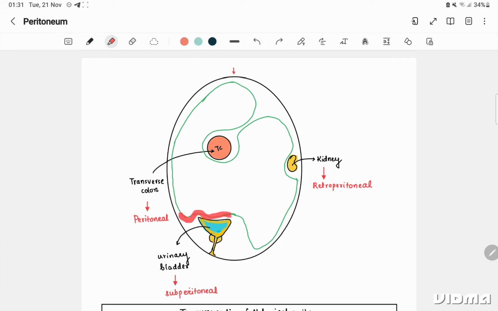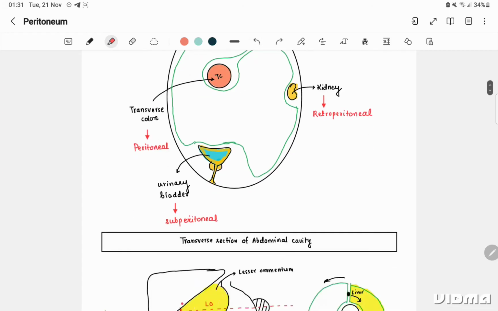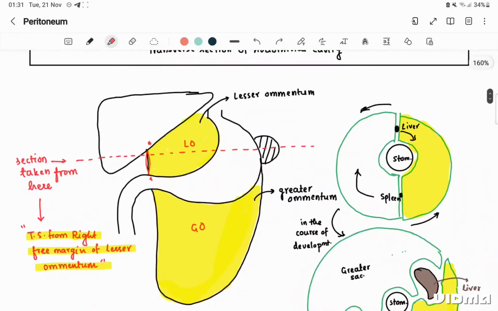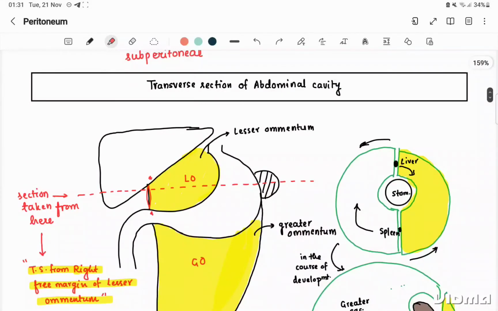Partly peritoneal means it is covered partly like this. If it is covered like this, it will be called retroperitoneal. But if it is covered like this, it is subperitoneal. So the urinary bladder is a subperitoneal structure. Now talking about the transverse section of your abdominal cavity.